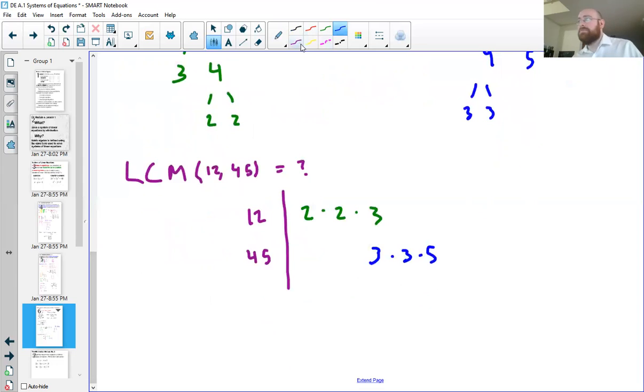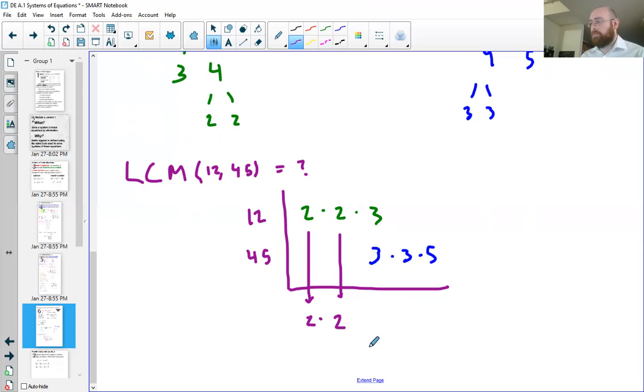And so the least common multiple is if we take all of these numbers, so 2 times 2 times 3 times 3 times 5, and we multiply all of these together, we'll get the least common multiple.